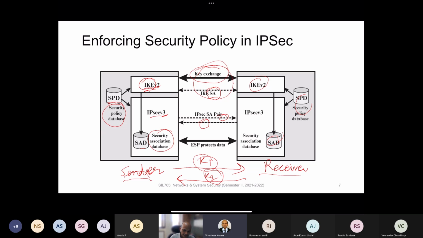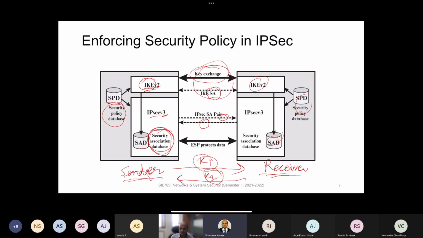Okay, so now that you have a security association, which means the sender knows what key it will utilize to encrypt and authenticate packets going to the receiver, it needs to make some decisions. We saw that we have many options in IPsec.